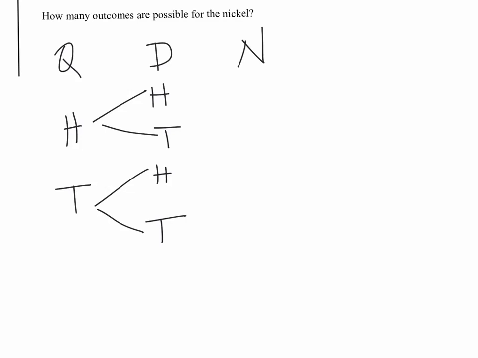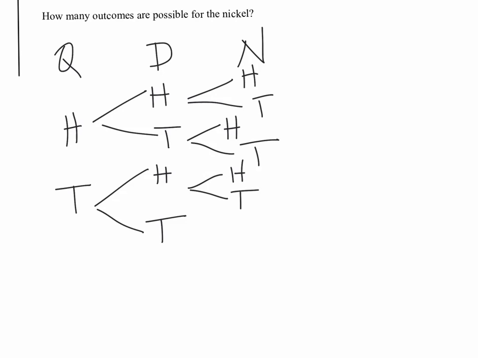So from the dime head, you could be head or tail. And from the dime tail, you could be head or tail. And the last one, the same. Head or tail. Head or tail.